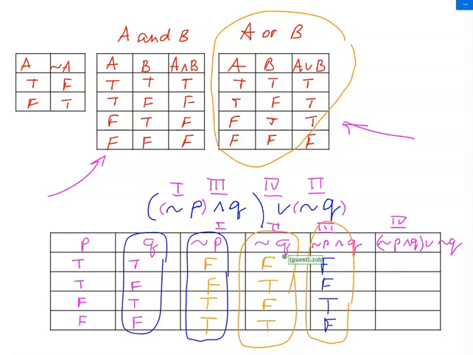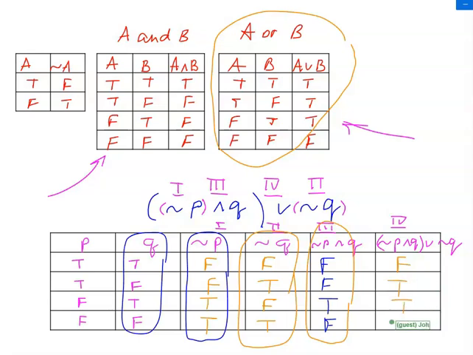If we look at this, it's only this first row where both of the inputs to this OR statement, which is this column and this column, are false. So this is the only one that will be false. These others will be true.